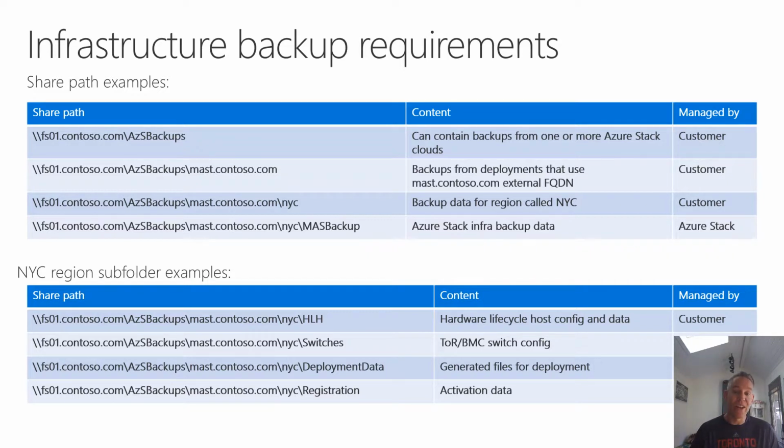The content in there is going to back up all the infrastructure information, enough to restore an Azure Stack fabric, so all the operator settings in the event of a disaster.